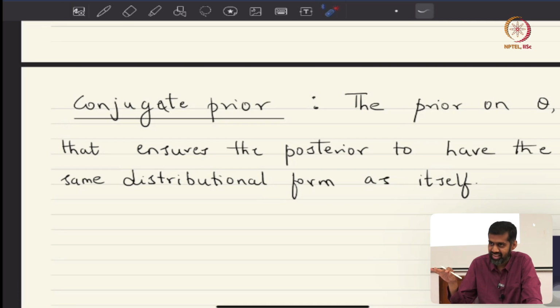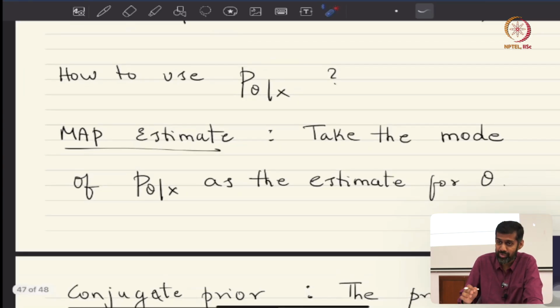That's correct. There is another random experiment that gives you the parameters, and conditioned on that you are generating data. That's why you have p of theta, p of x conditioned on theta, and also p of theta conditioned on x. That's a good observation.